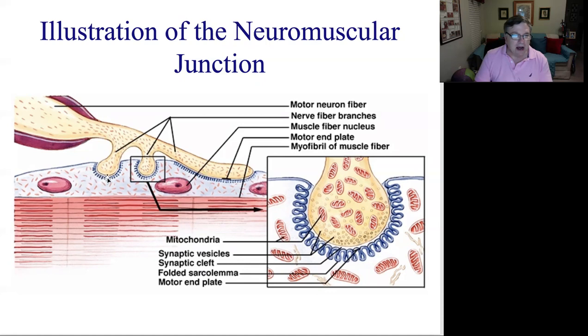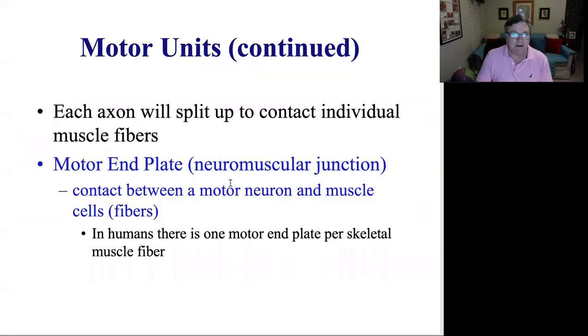There's a lot of mitochondria near the cell membrane because there's a lot of ATP needed because you're moving ions like crazy back and forth. And a lot of times you'll need to pump them either towards the outside or towards the inside or into the mitochondria, etc. So with a motor unit, each axon splits up and contacts 20 to 2,000 muscle fibers.